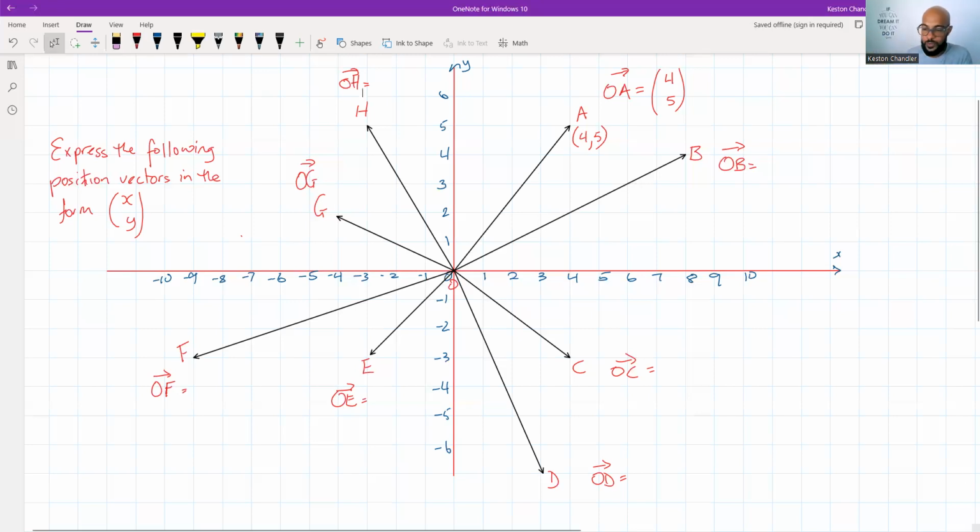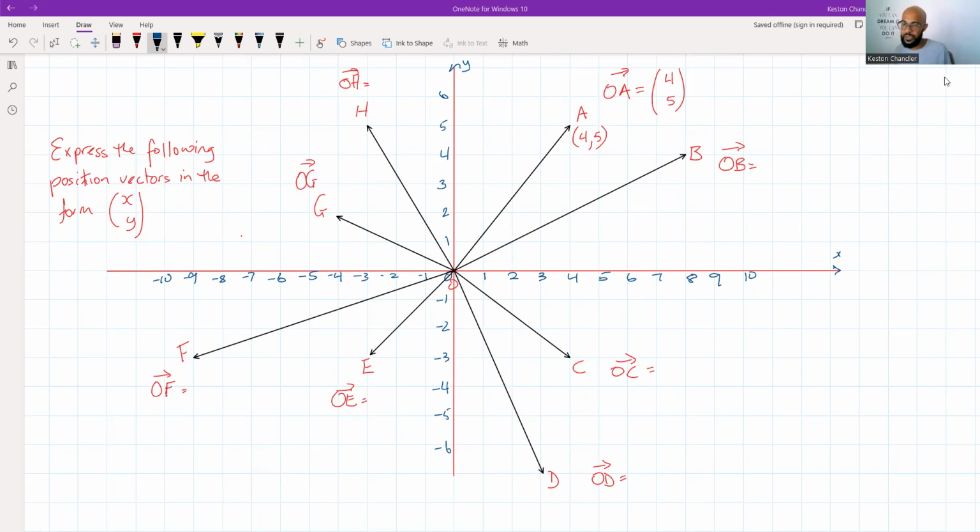Right. Finish that up for me. So I'm going to write them in. So OB, right? Remember I said just look at the endpoints.